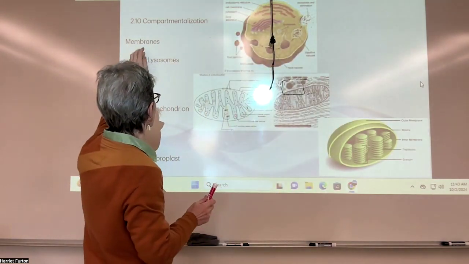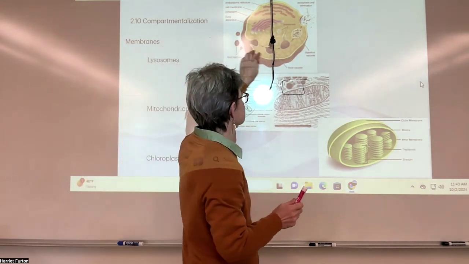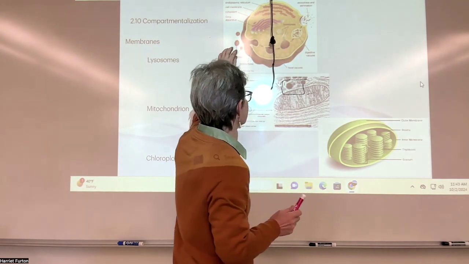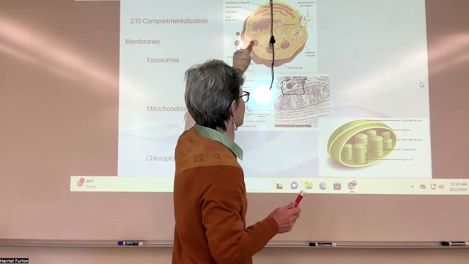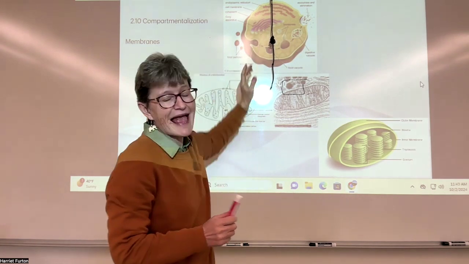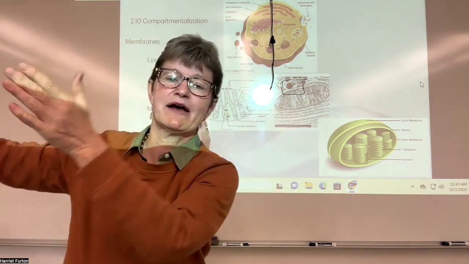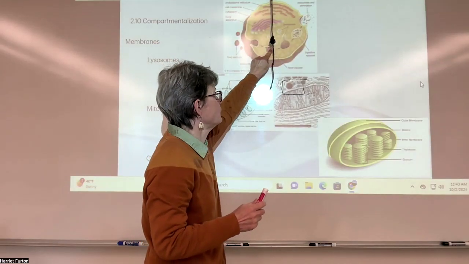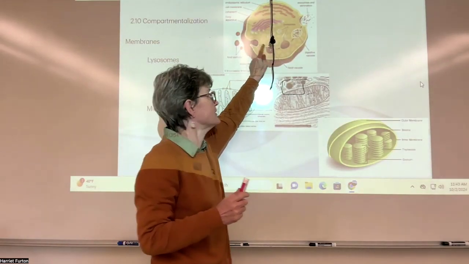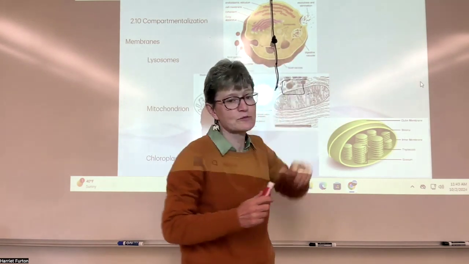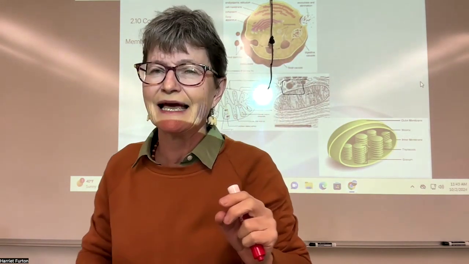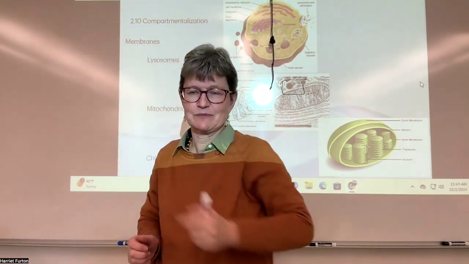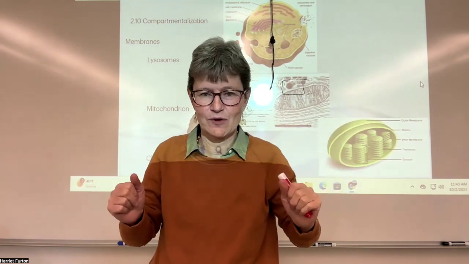For example, the lysosomes. They are all around, and when the cell eats or engulfs something through endocytosis, which will be our next week's material, the food needs to be broken down. The lysosome contains hydrolytic enzymes, hydrolysis, splitting up the big macromolecules.